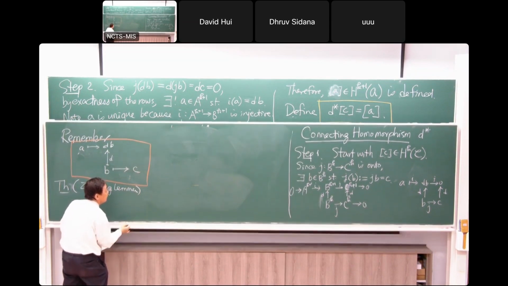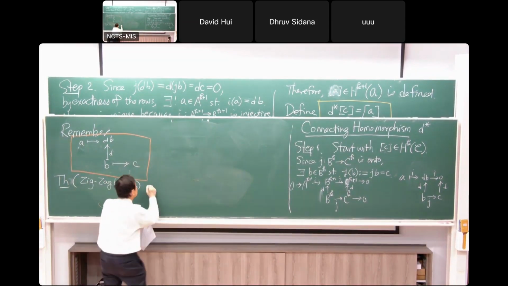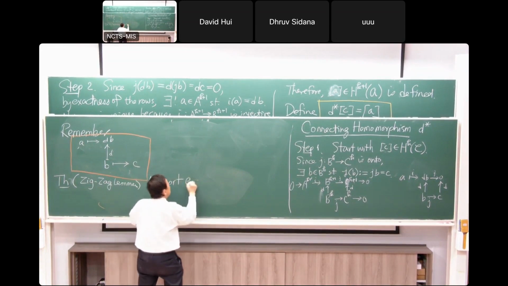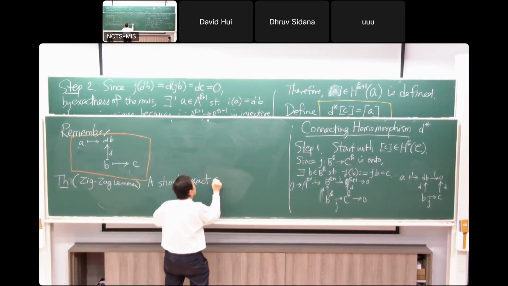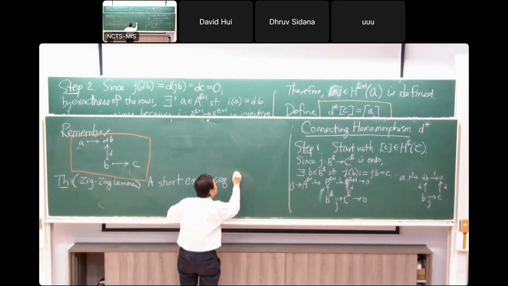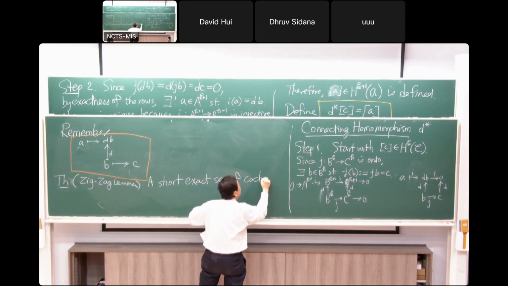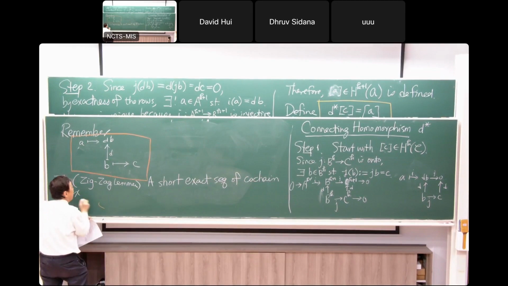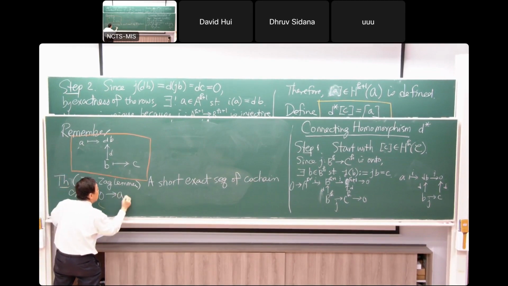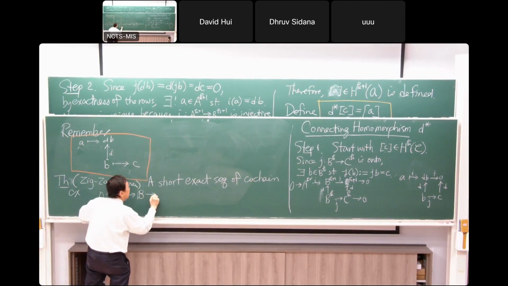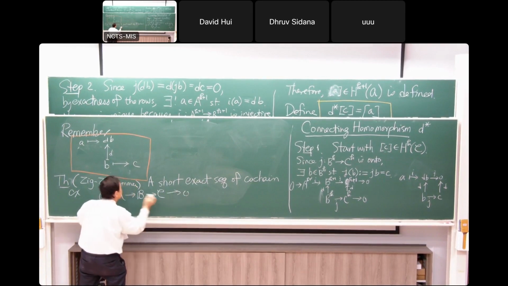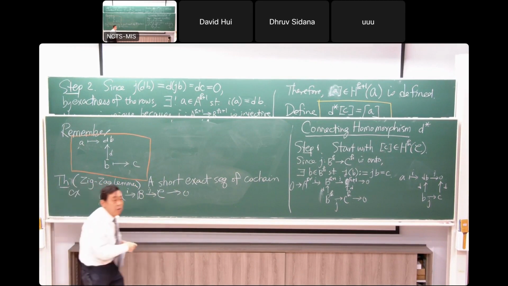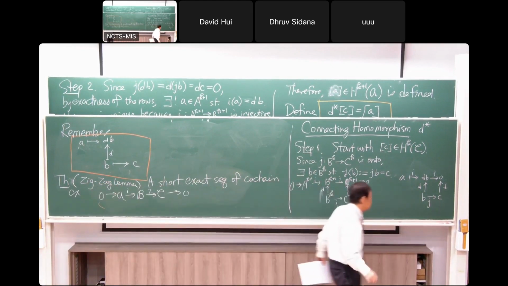And the Zig-Zag lemma says a short exact sequence of cochain complexes 0 to A to B to C to 0 induces a long exact sequence in cohomology.